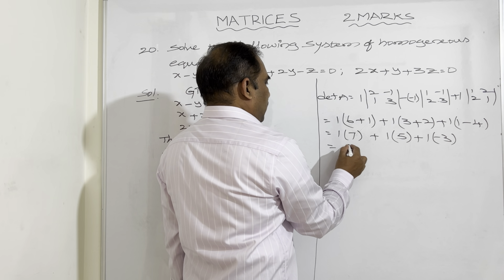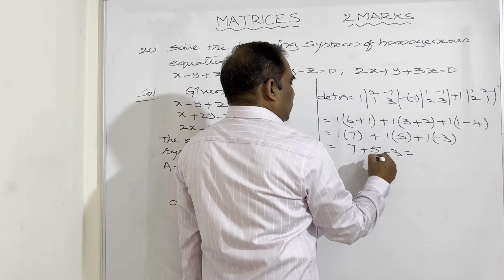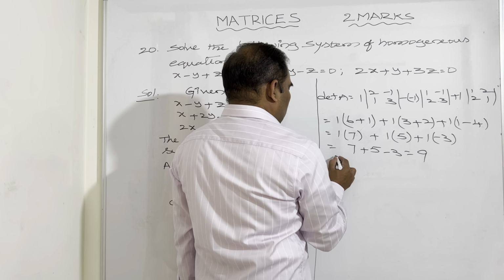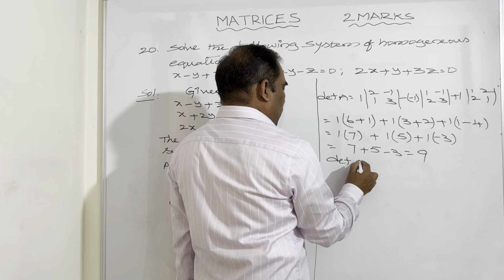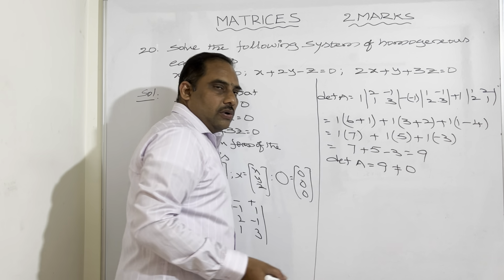That is 7 plus 5 minus 3, which equals 9. The determinant is not equal to 0, since 9 is not equal to 0.